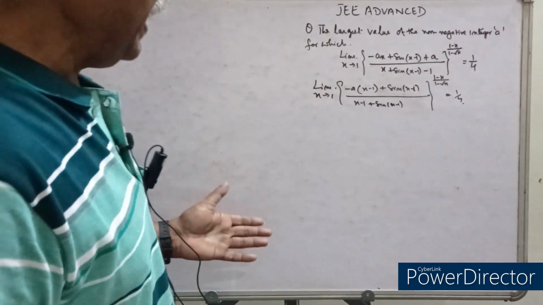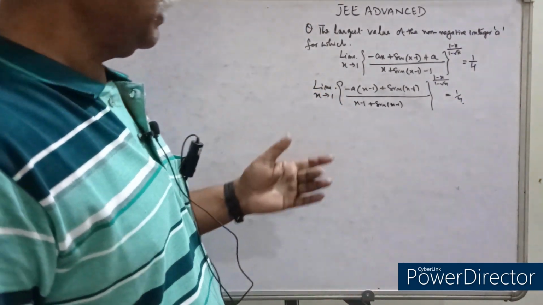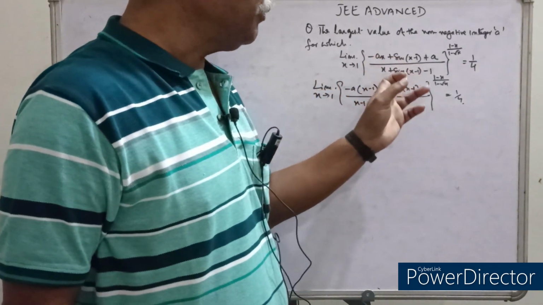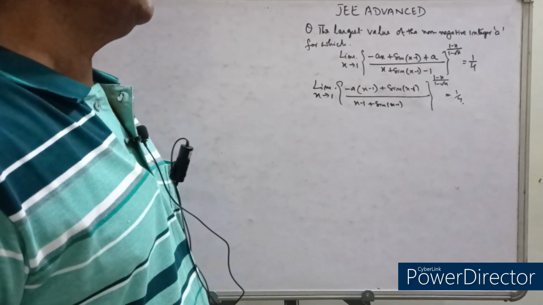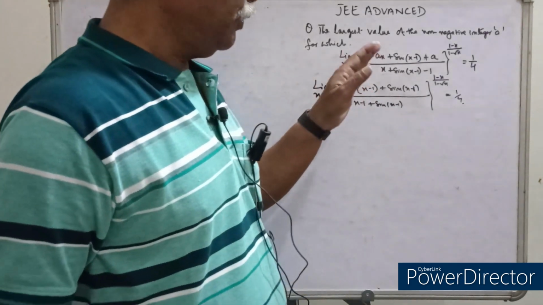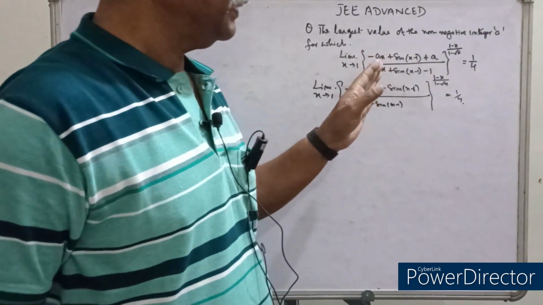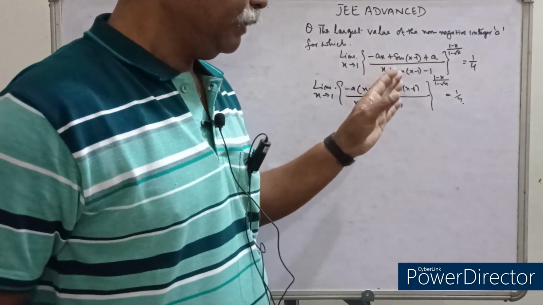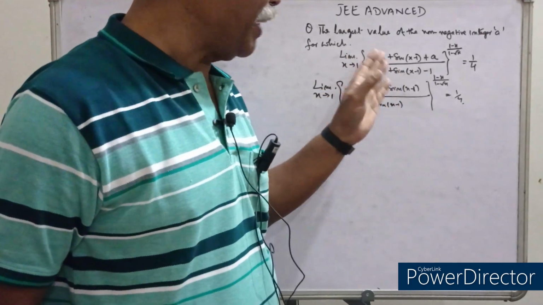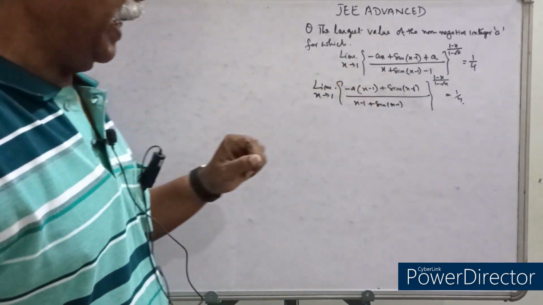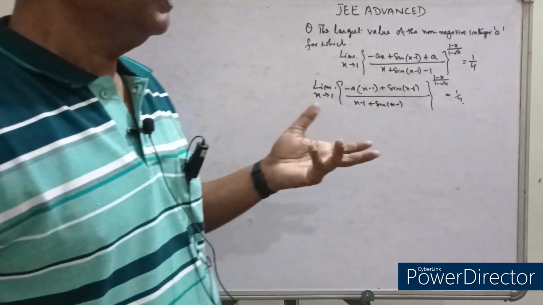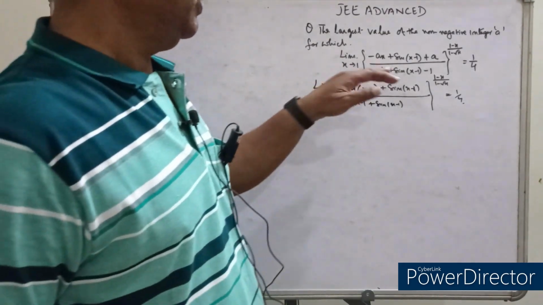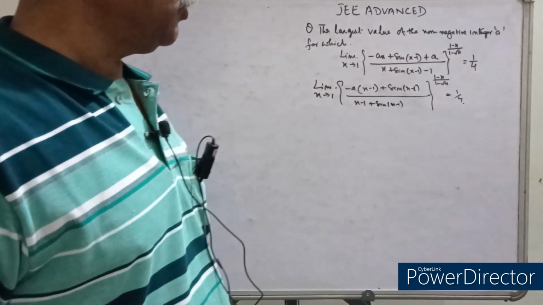Now, as you were taught earlier, you place the value 1 in the numerator and denominator. If it is 0 by 0, then you have to do some arrangement to solve it. The first procedure most people apply is L'Hospital's rule: differentiate the numerator and the denominator.